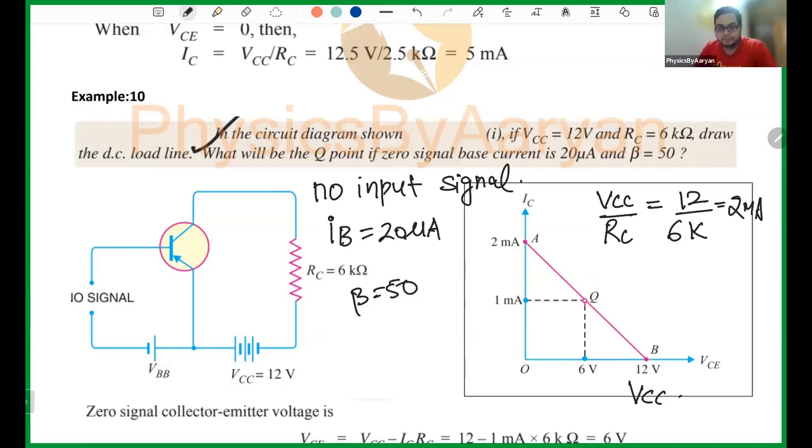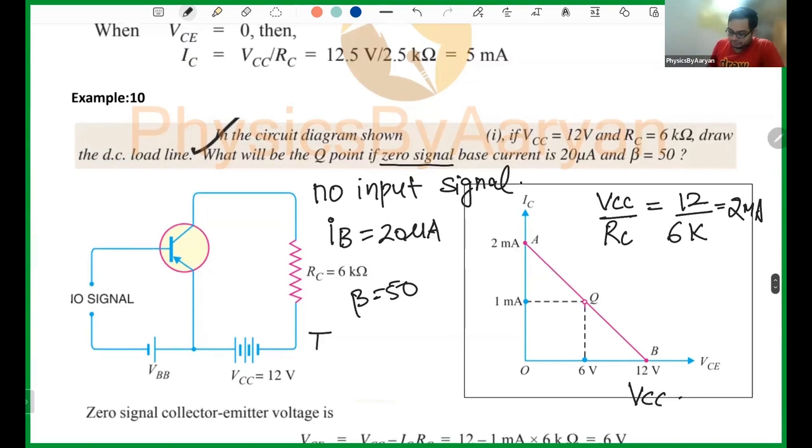So they are basically saying when the signal is zero, what will be your Q point, your operating point? Okay. So how do you do that?